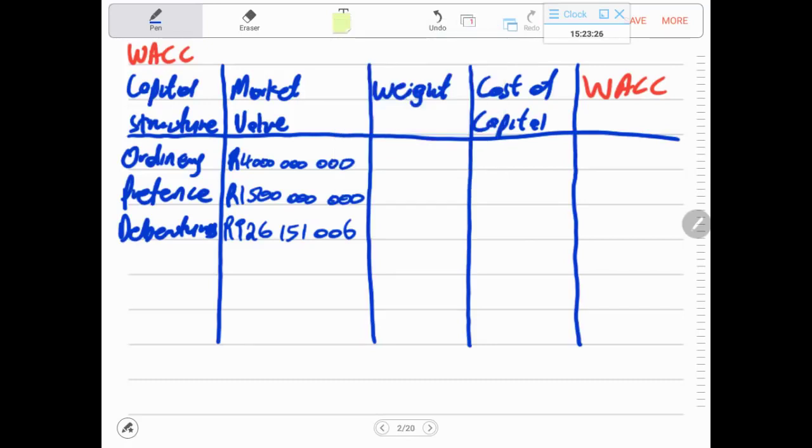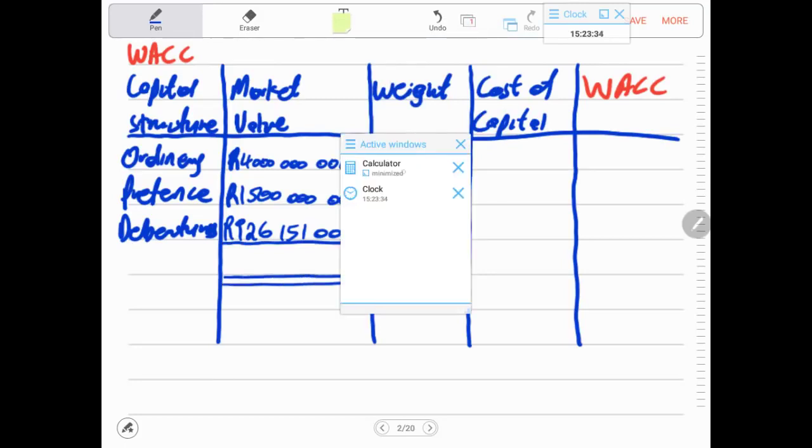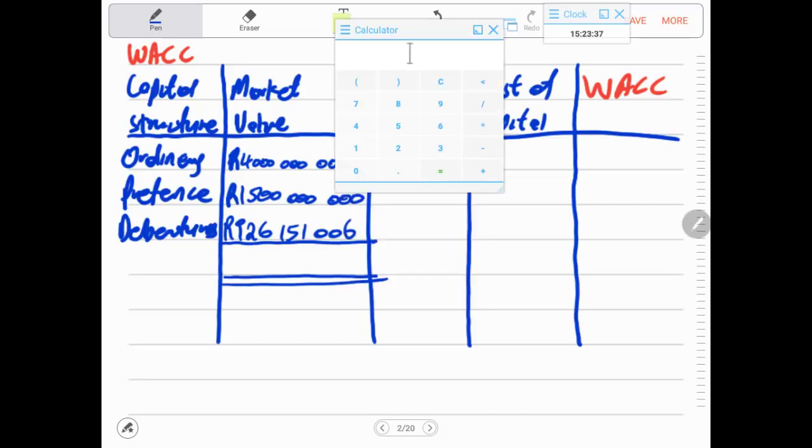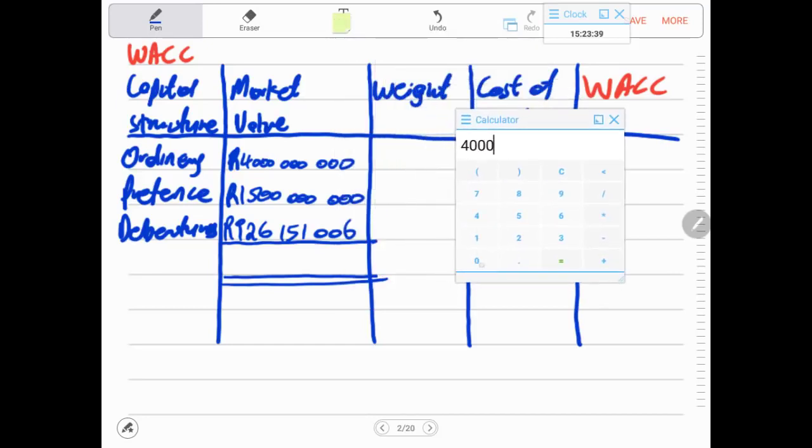926,151,006. So now we need to calculate the total so that we are able to determine the weight of each financial instrument. The weight of each financial instrument: it is 4 billion 2, 3, 4, 5, 6 plus 1 billion 500 million plus 926,151,006.